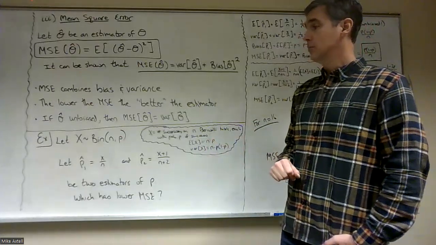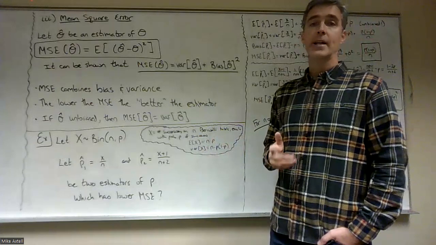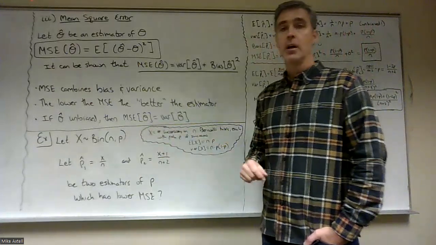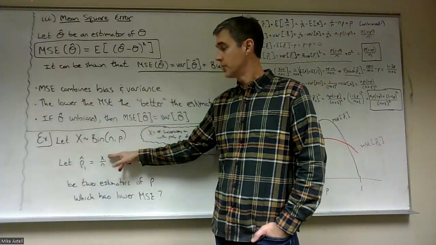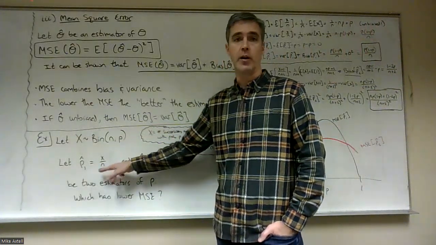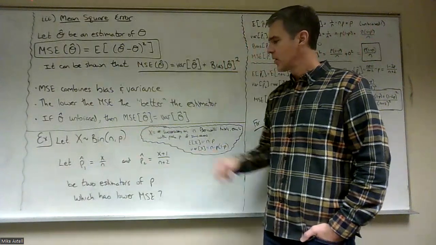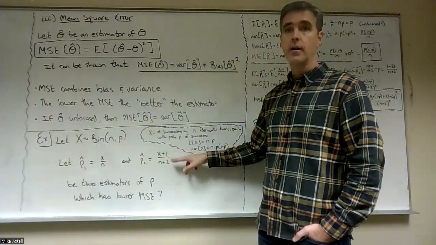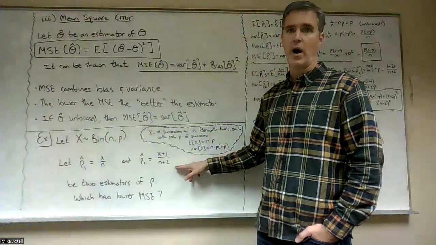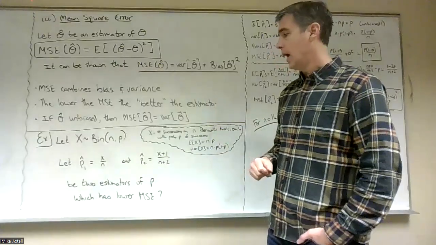All right, so I'd like estimators of p. The first one is going to be the sample proportion: the number of successes divided by the number of trials. I'm going to call that one p1 hat. The second one is going to be p2 hat, and that's going to be the number of successes plus 1 divided by n plus 2. Why not?